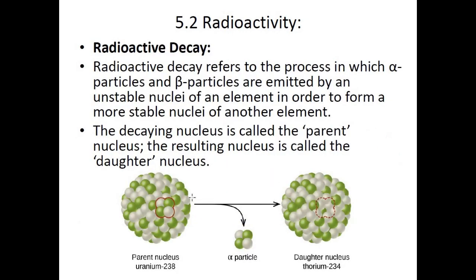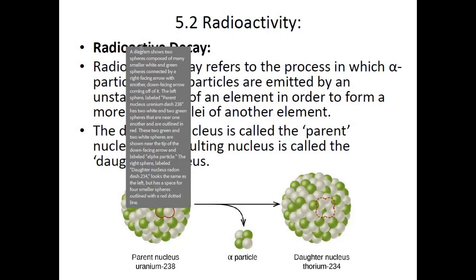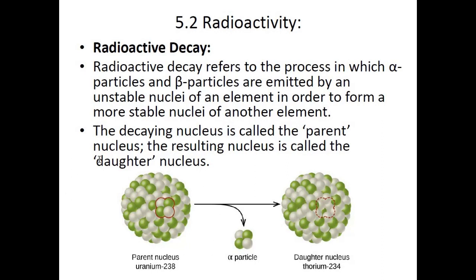Radioactive decay. Radioactive decay refers to the process in which alpha particles and beta particles are emitted by an unstable nuclei of an element in order to form a more stable nuclei. This image depicts the process. The starting nuclei or the decaying nuclei is also known as the parent nuclei, which produces an alpha particle or a beta particle and decays into another type of atom, which is known as the daughter nuclei.